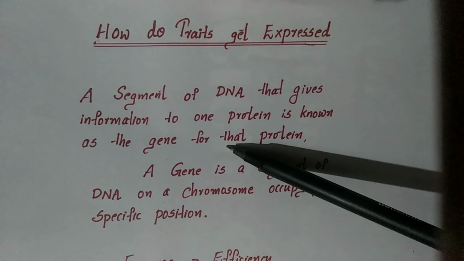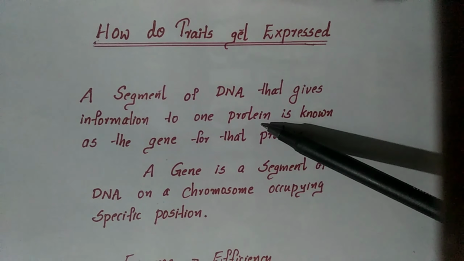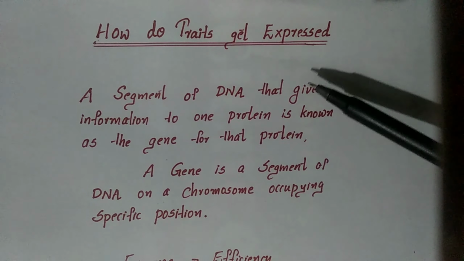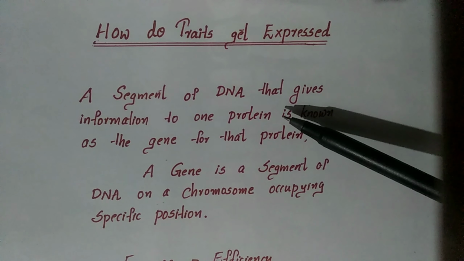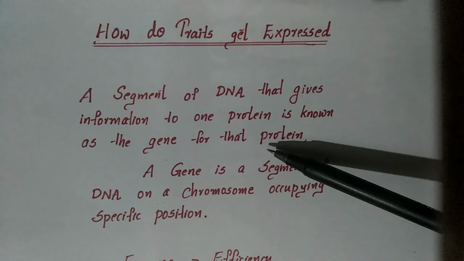So each of these DNA strands is made up of different gene patterns, each of which is made up of a particular protein. So the trait will get expressed by means of the efficiency of the protein of which these genes are made up.